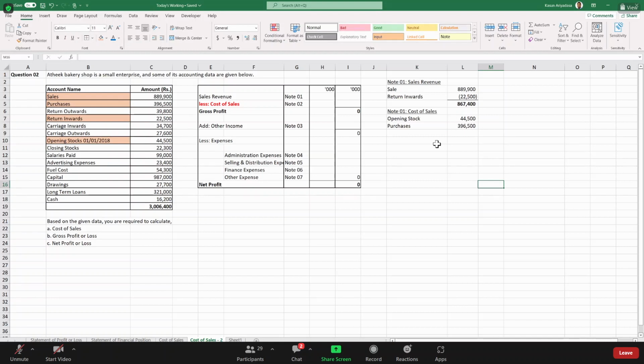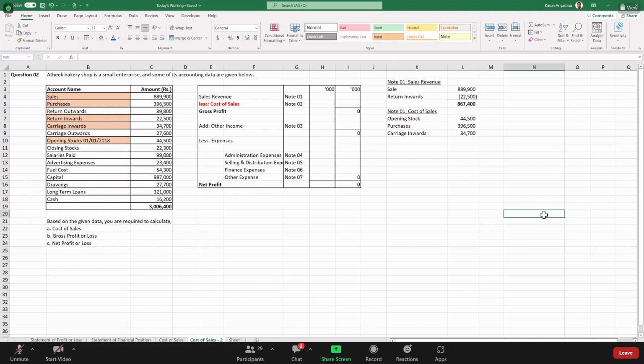So there is carriage. Now we are bringing it into the stores. Carriage inwards. Transportation cost, yes, but connected to the purchase. Carriage inwards, 34,700.